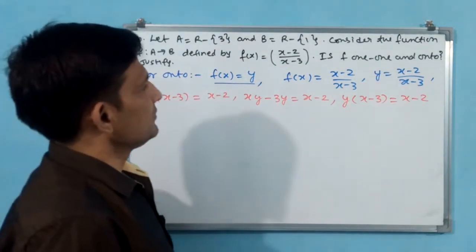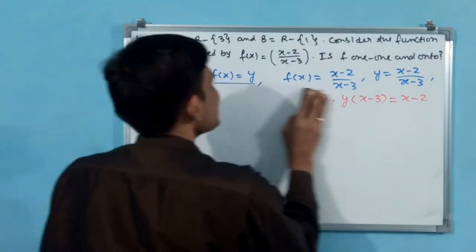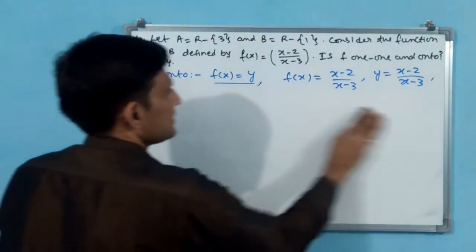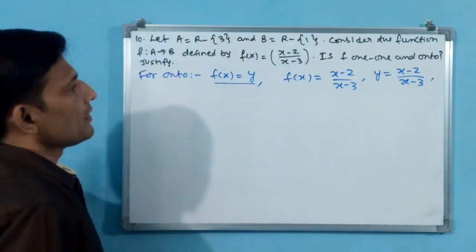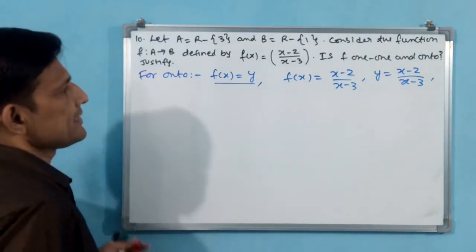Same thing is going to come. y is equal to, but we want y. We have done some mistake. y is equal to x minus 2 by x minus 3.